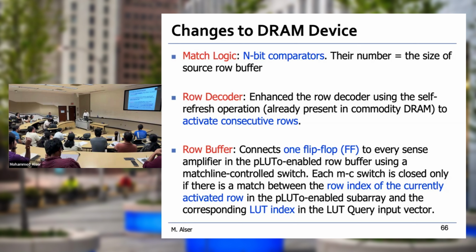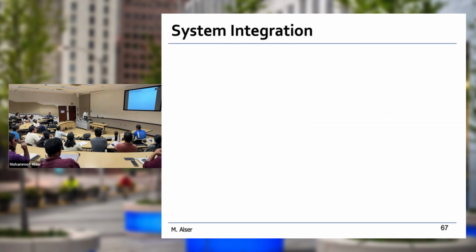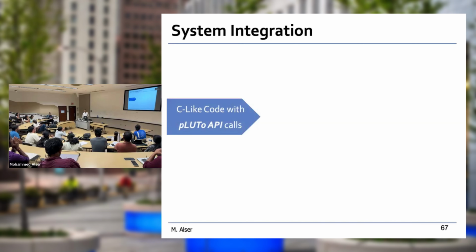We read the entire row, but we selectively choose out of that row. We could pass this column or that column or the next column and so on. Let's see how we can implement that in 2 slides. But now, hopefully you understand those 3 changes. Now let's see what else we need, in terms of the DRAM device, of course.